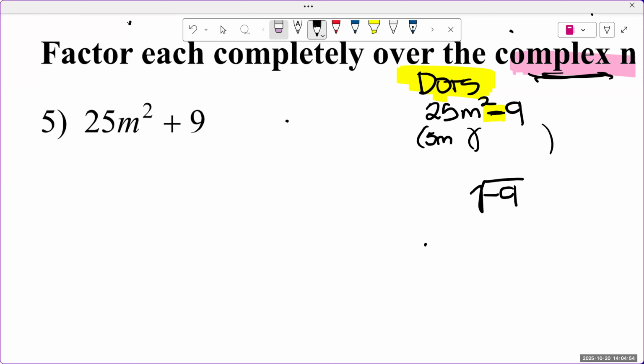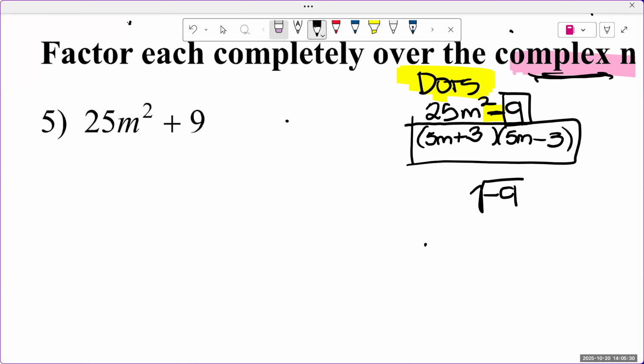So that's 5m and 5m, one plus, one minus. We take the square root of the 9, leaving that minus there. Square root of 9 is 3 and 3. Now, if we made a box and multiplied that, it would get us back to 25m squared minus 9.